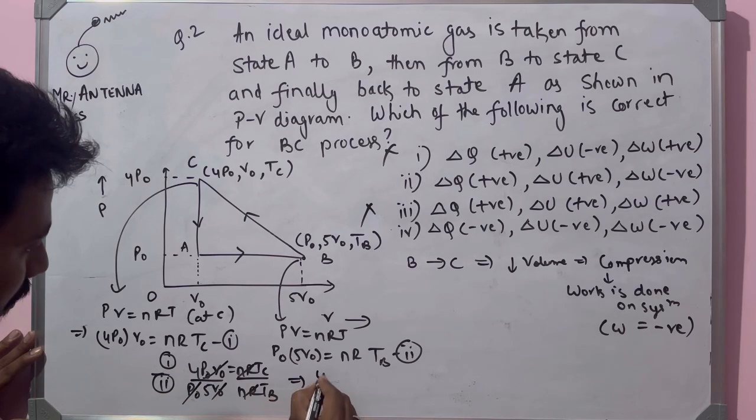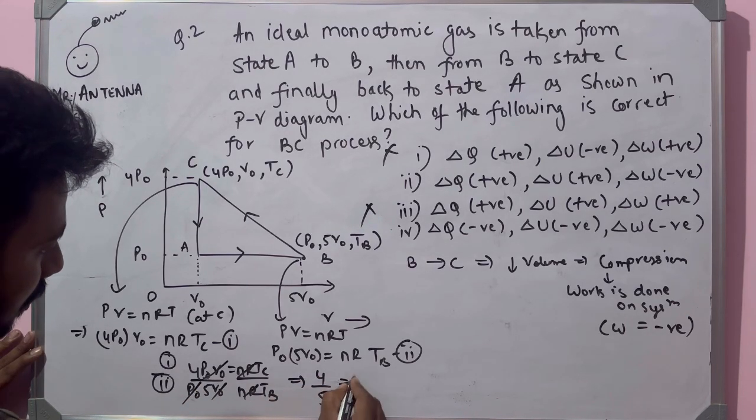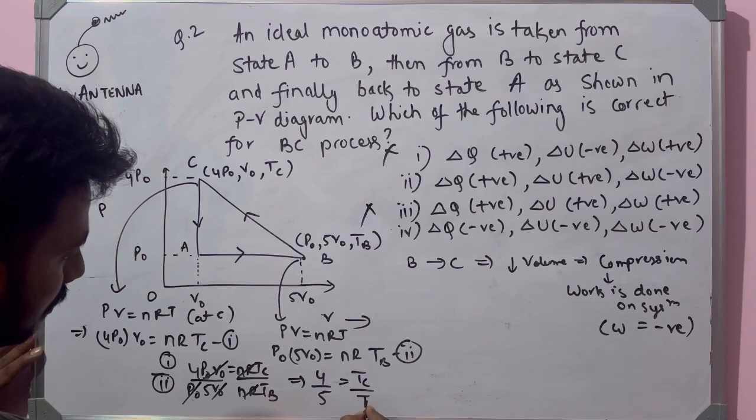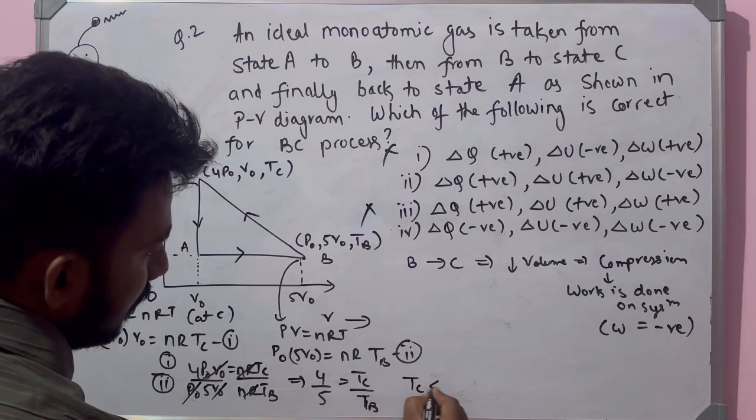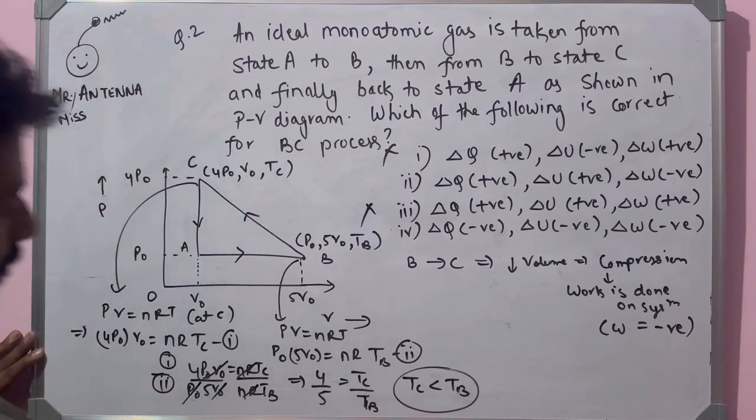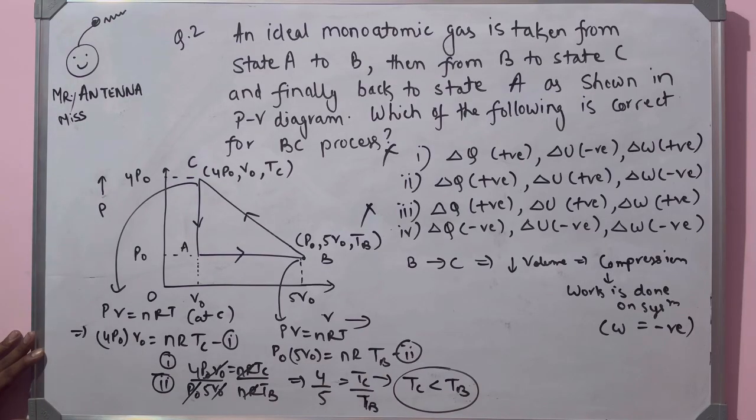So basically I am having 4 by 5 equals TC by TB. Looking at the ratio of TC and TB, can I say TC is less than TB? We can conclude TC is less than TB. You can take TC to be 4 and TB to be 5. So TB is greater than TC.